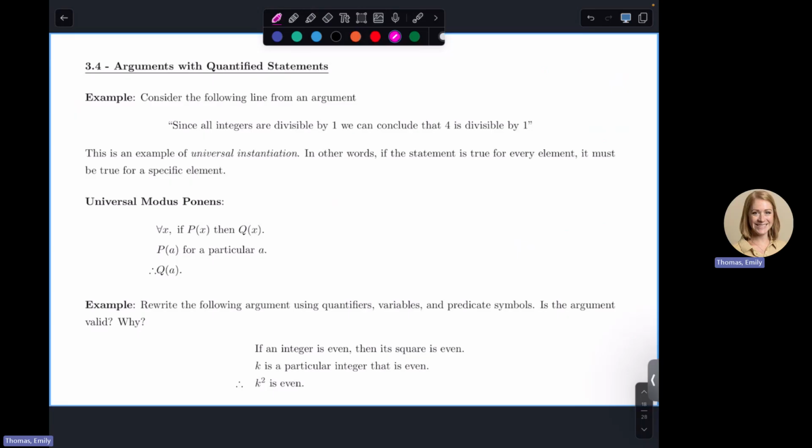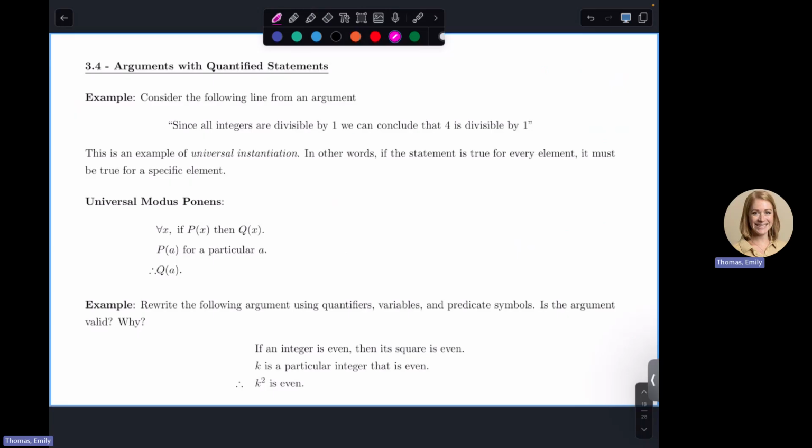Okay, so universal modus ponens is this thing. Now this looks weird because they still look like functions. They're predicates still, but they're quantified now, so for all x, it's p of x and q of x. So this is some general statement. And then the next line of this argument, premise 2, is that p of x is true for this particular thing.